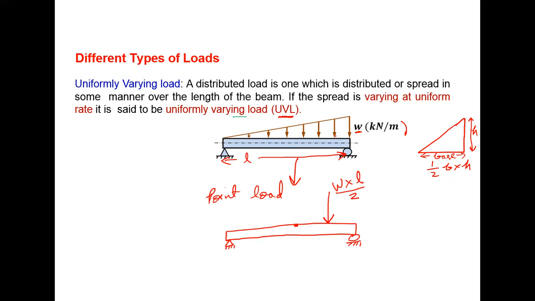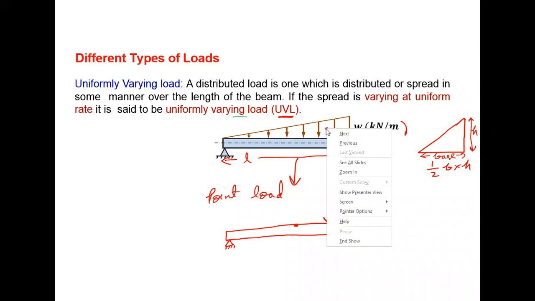The reason is that this UVL is not uniformly distributed, the intensity is more towards the right. So we have to find out the centroid of this triangle, right?